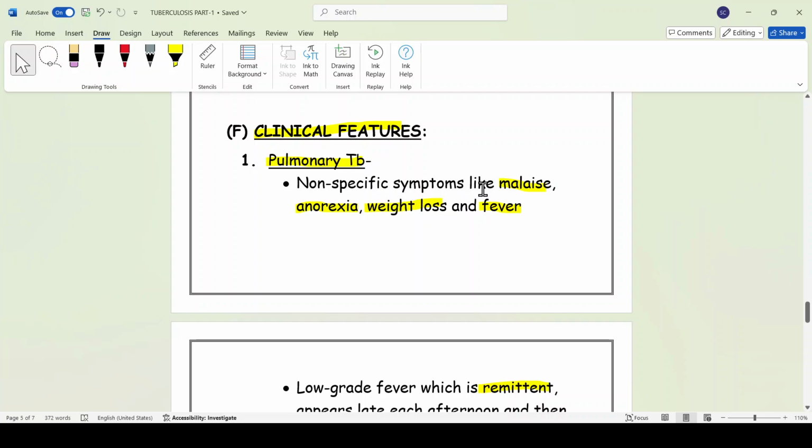Non-specific symptoms include malaise, anorexia, weight loss, and there will be fever. Now, in this fever part, in case of TB, it is a very specific type of fever that takes place.